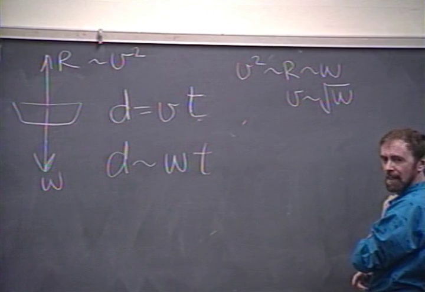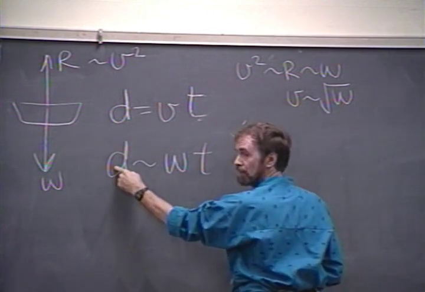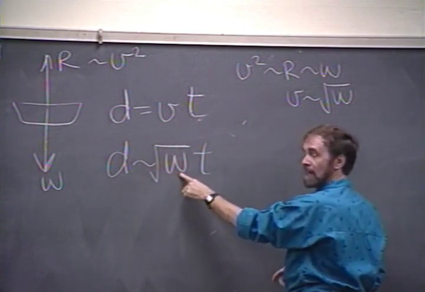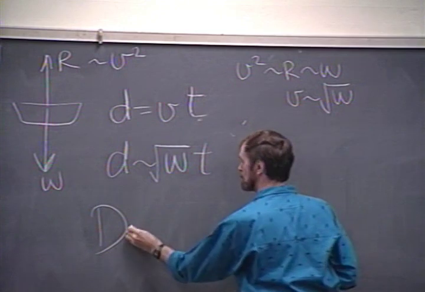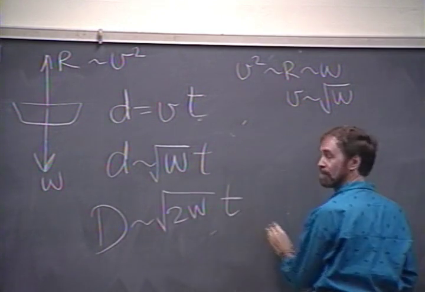Can you see that? If that's true, then the distance something falls would be proportional to the square root of the weight times the time. So if I had something twice as heavy, the distance it falls would be proportional to the square root of twice the weight times the time.